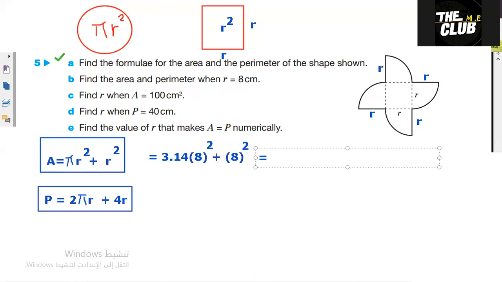So 3.14 times 8 squared, and then plus 8 squared. So as we said, the area of the circle plus the area of the square. This is the area of the shape, and the answer will be 264.96. Now, the question didn't ask us to round it, so we don't have to round. That's the idea of the question. Okay, so here.